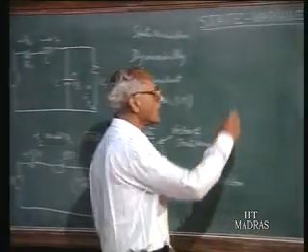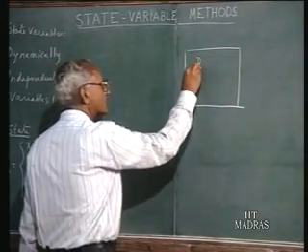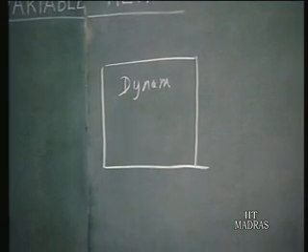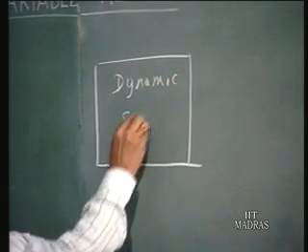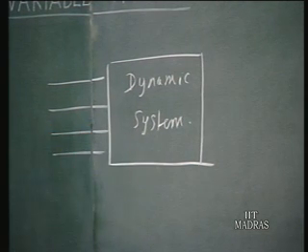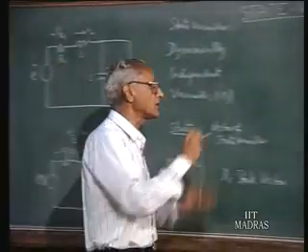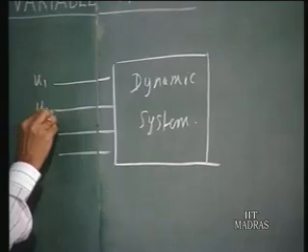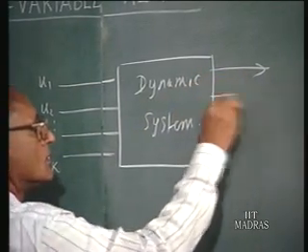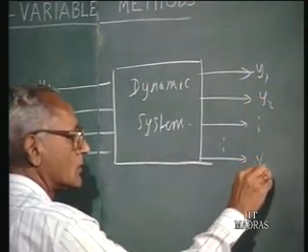So, suppose in a general situation we have a dynamic system which has several inputs. In this particular case we have E as the one input, but suppose we have several inputs U1, U2, like that, let us say UK, and we have several outputs, say Y1, Y2 on up to Yn.